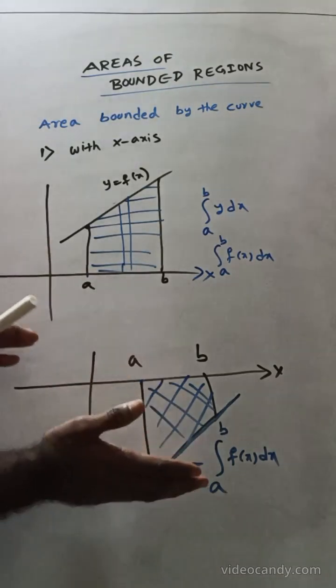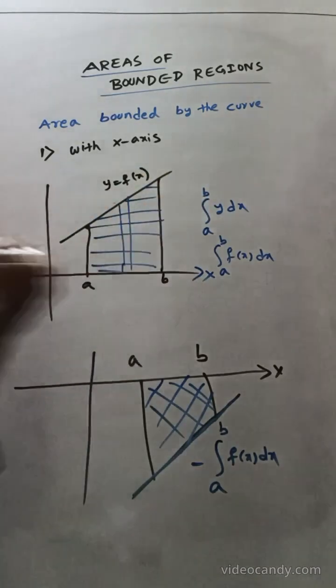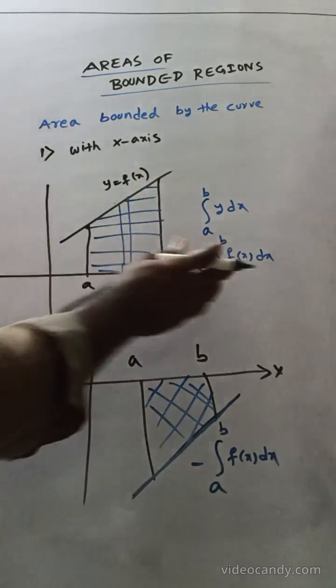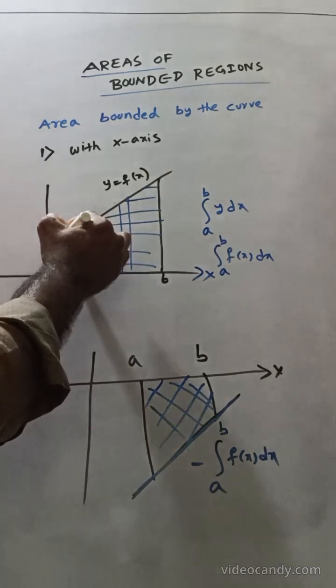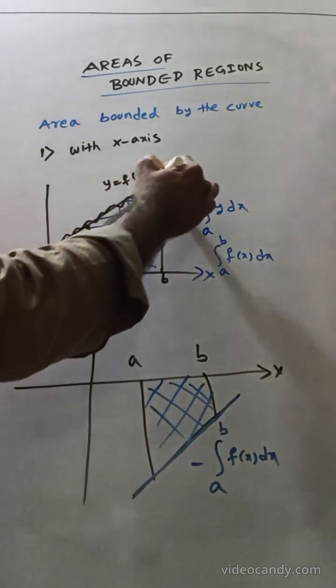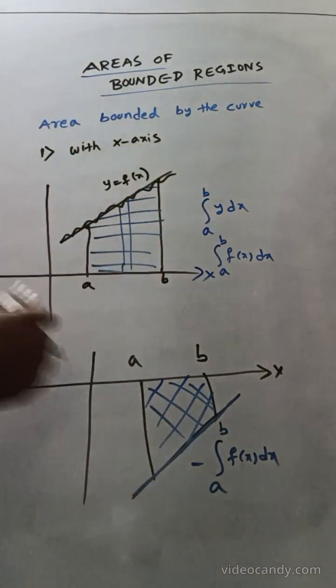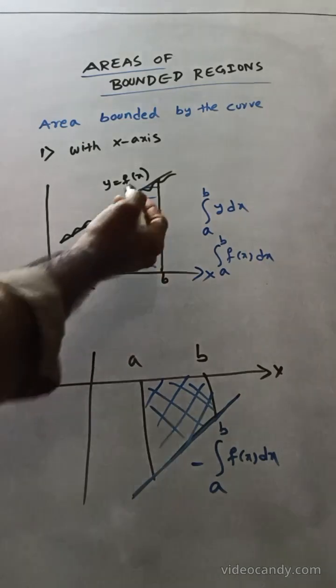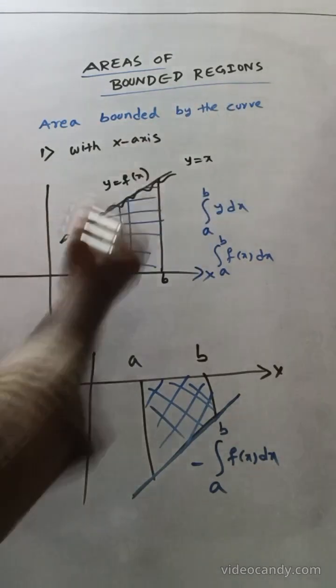When you draw a curve, we know that the x values are on the horizontal line, and this graph indicates the curve, which you take as either sine, cos, x. Suppose this is x.